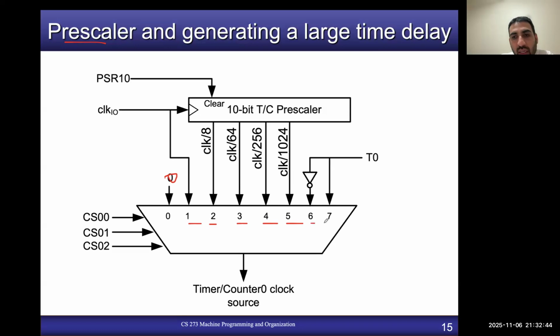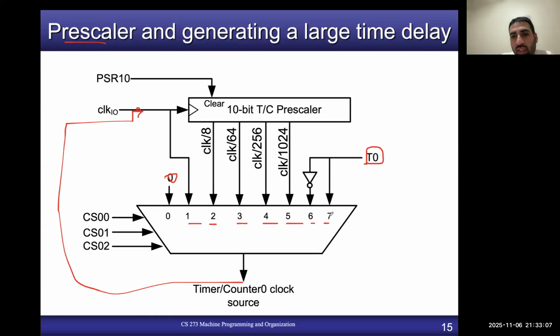And for 6 and 7, T0 is actually a pin on your microcontroller. Whatever signal or sensor you connect to T0, you are saying I will use the external input to control the clock of the register.